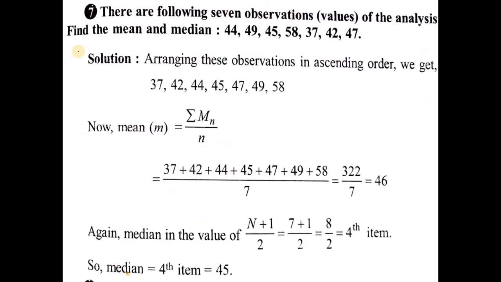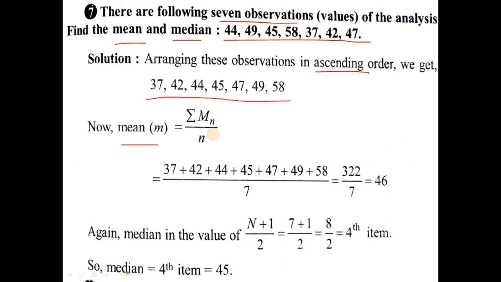Then the next example: there are the following 7 observations of the analysis, find the mean and median. So these are the observations. First we arrange these observations in ascending order: 37, 42, 44, 45, 47, 49 and 58.